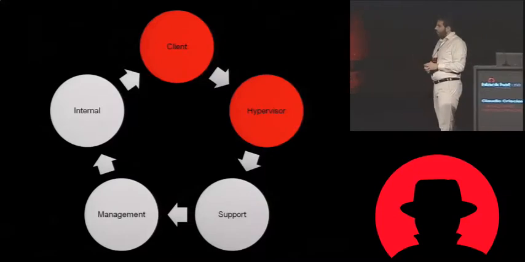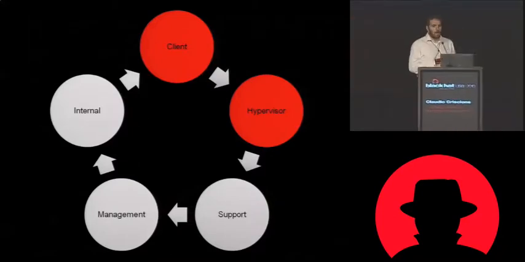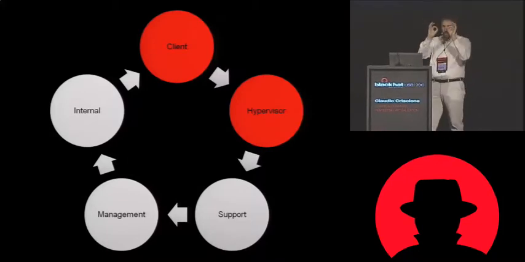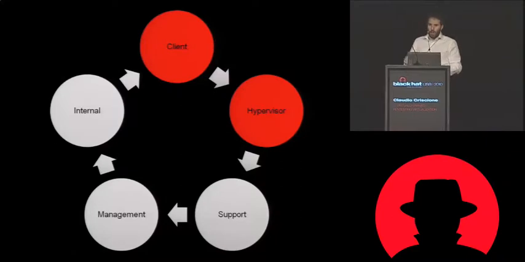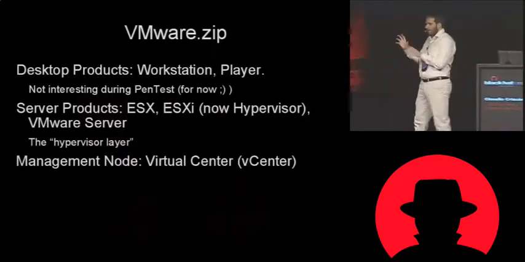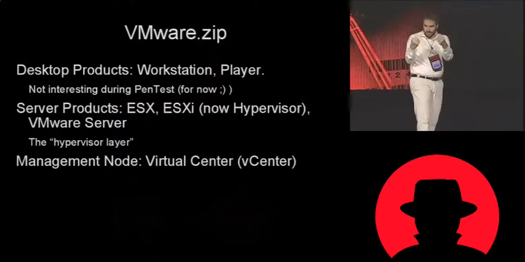The hypervisor step is, as I said, attacking the core components. In order to understand what the core components are, I shall give you a very short idea what VMware environments are all about. A VMware.zip version. VMware will kill me about this, but let's just keep it short.